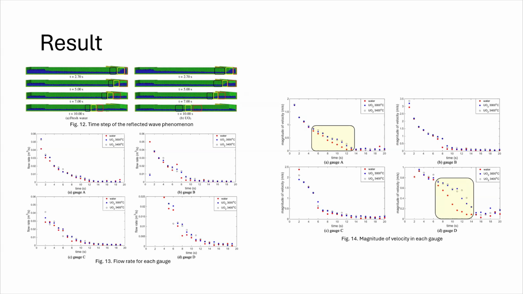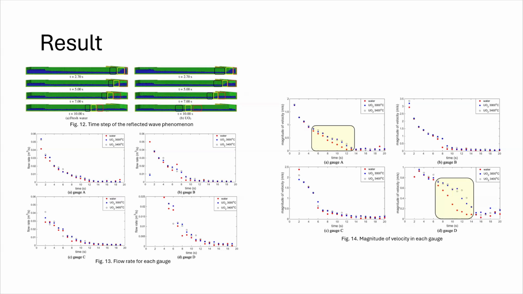It's the same phenomenon. And if we look at the flow rates for each gauge, water and uranium dioxide show the same pattern.